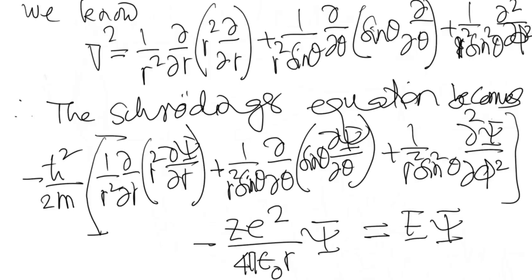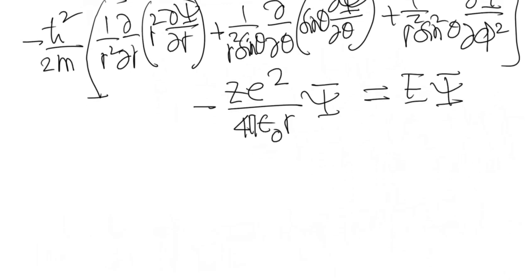This is the Schrödinger equation in r, theta, phi coordinate system. This equation can be simplified to this.